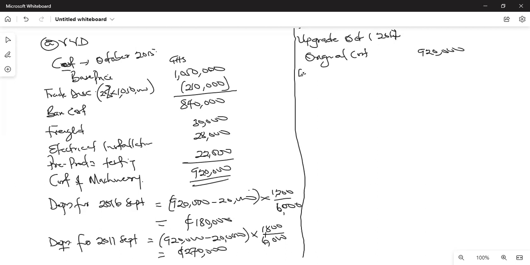We now need to less accumulated depreciation, and our accumulated depreciation will now be 180,000 plus 270,000, which is giving us 450,000 to give us a carrying amount of 470,000.